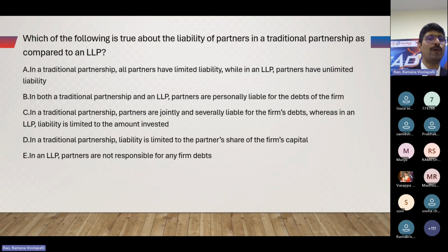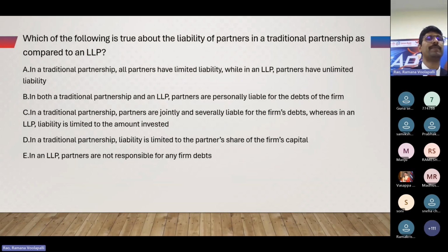Which of the following is true about the liability of a partner in a traditional partnership as compared to the LLP? It talks about the liability, which is the basic definition of a partnership. Great, Vinodji, Mathurji.